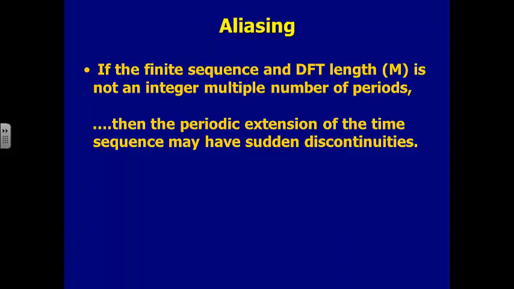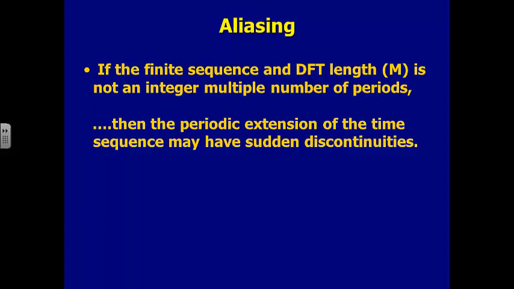Right? Take a nice waveform and I cut it off here and start another cycle of it here. I've got this sudden vertical jump. What kind of frequencies do I need to make vertical jumps? What kind of frequencies do I need to make square waves? Lots and lots of high-frequency harmonics.